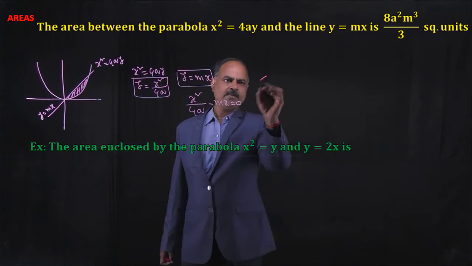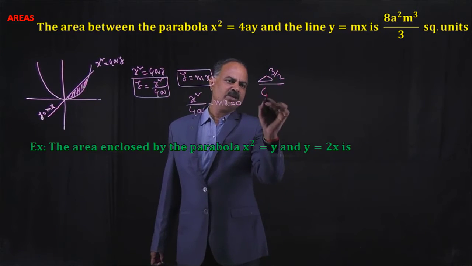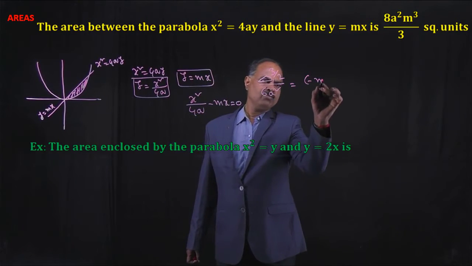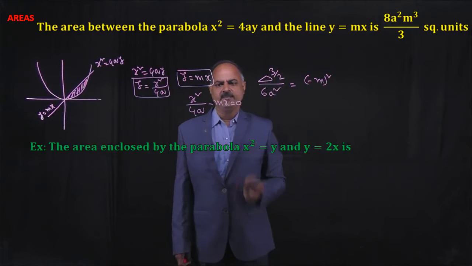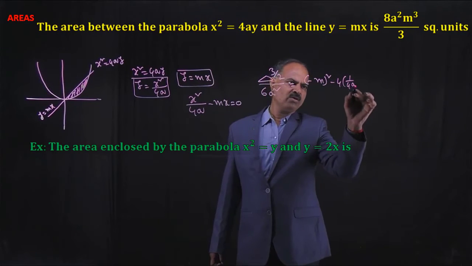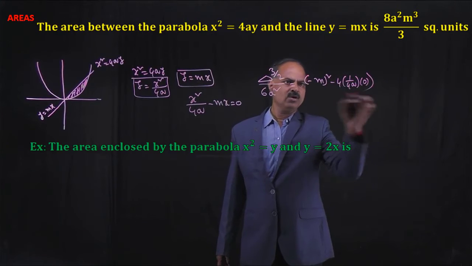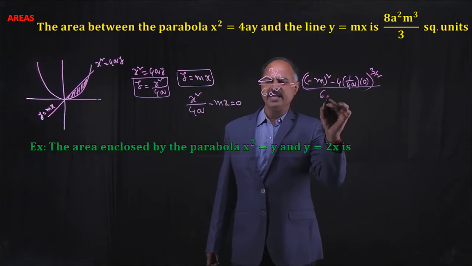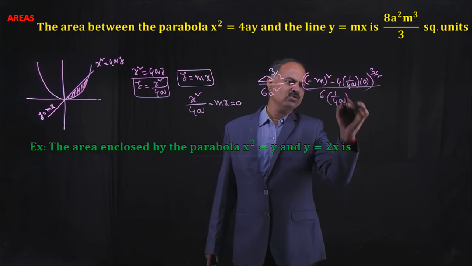Write delta power 3 by 2 by 6a square. Here delta is b square minus 4ac, that is m whole square minus 4 into 1 by 4a into 0, whole to the power 3 by 2 divided by 6a square into 1 by 4a whole square.